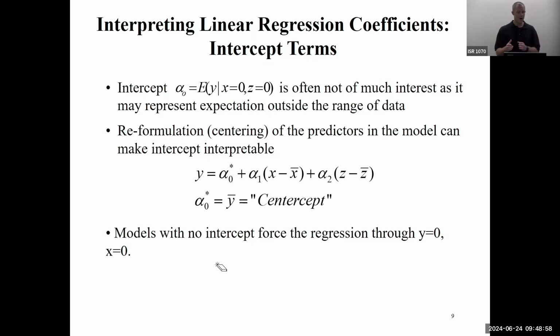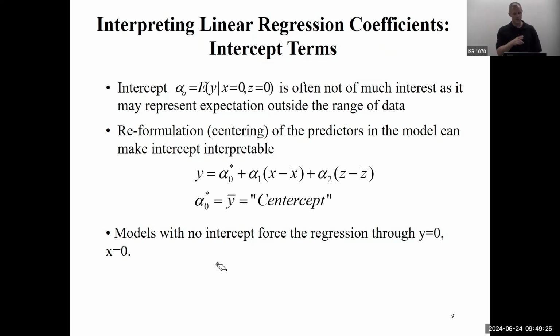Now, the intercept can be interpreted, because I'm saying for people who have their values on X and Z set to the mean, for the average person in terms of these predictors, what is the expected value of the dependent variable? Now it makes sense to talk about that intercept. So when you center like this, that will change the value of the intercept, but now it changes it to something more meaningful.